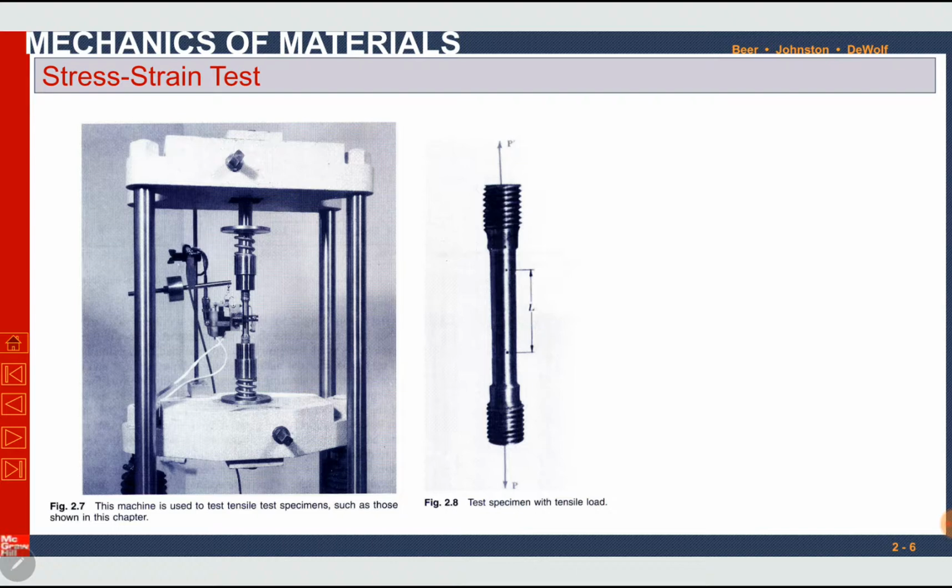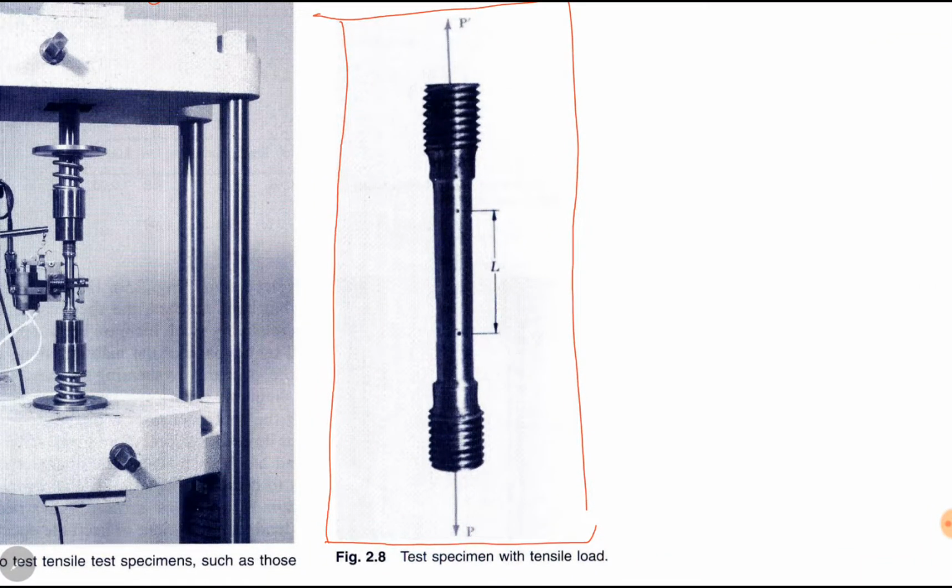In this diagram, you can see a machine which can test tensile properties of materials. Here is a specimen. This specimen is round in shape. We can see that the ends of the specimen are threaded, this end and this end.